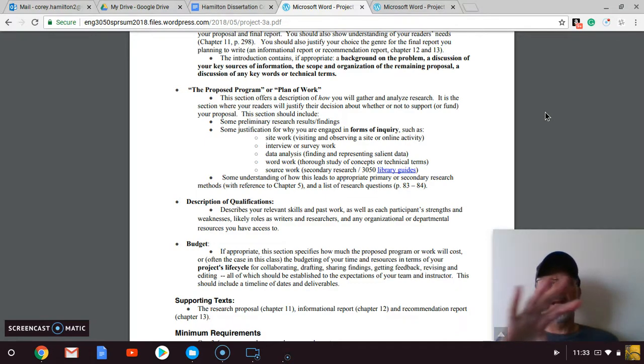I'm really more concerned about how you're budgeting your time from a scheduling standpoint, not necessarily a budgeting of money. As it says right here, the budgeting of your time and resources in terms of the project's life cycle and your collaboration, because you turn this in this week, and the final one is due 2 or 3 weeks later. So how are you going to get everything done in the next 2 to 3 weeks is really what I'm looking at, if that makes sense.